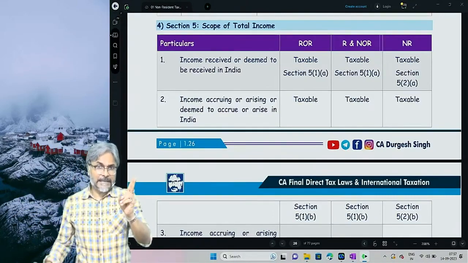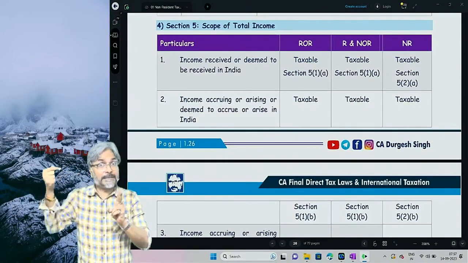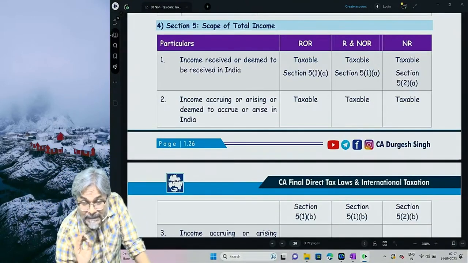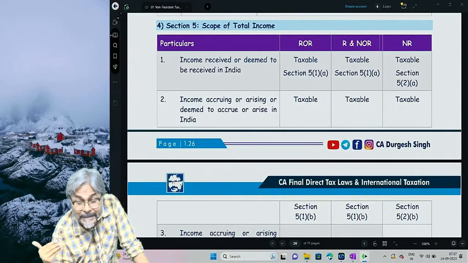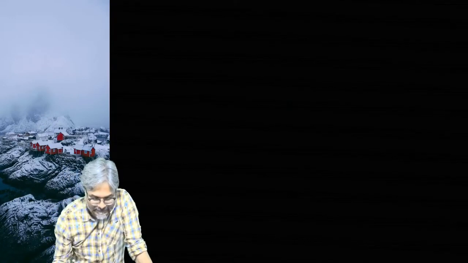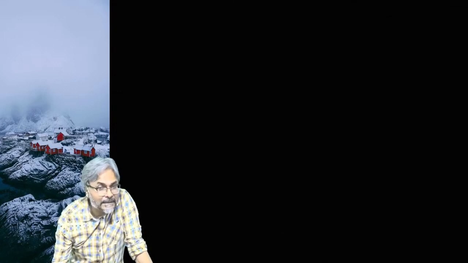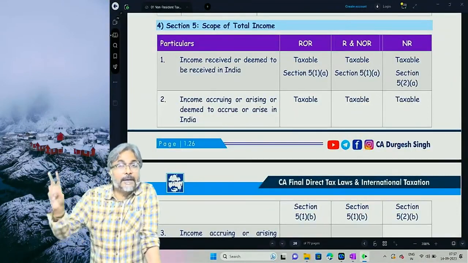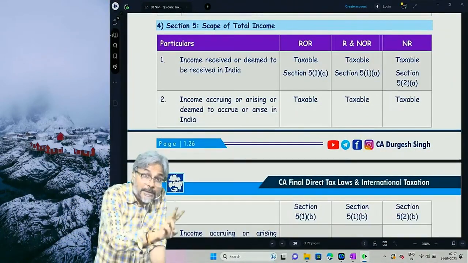Means in two cases where an individual becomes a resident, automatically he will be considered as a resident but not ordinary resident. Two cases are there, students. And other than these two cases, as you all are aware, there are additional tests. Two additional tests have to be satisfied.